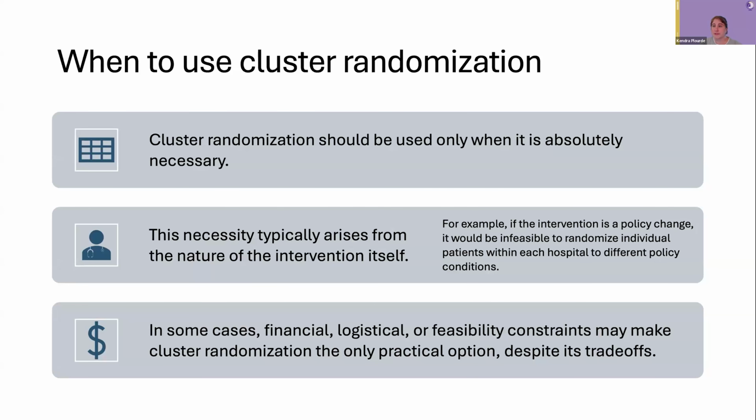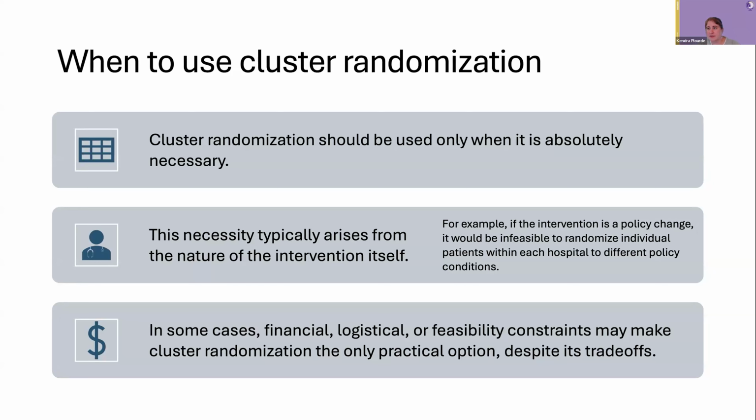So when should you use cluster randomization? Only when you absolutely have to. And so there are a couple main reasons, at least in our experience, when cluster randomization has been necessary. And that typically arises from the intervention itself. So for instance, if you have hospitals, like as I mentioned earlier, where we have multiple hospitals that we are trying to design a randomized control trial for, and our intervention is a policy change.